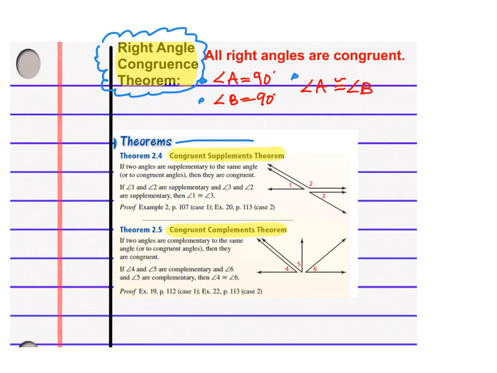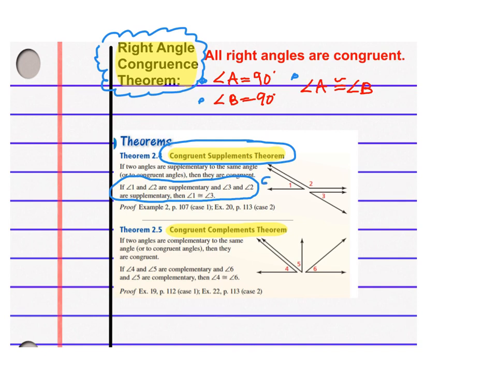All right, then our next vocabulary word is the congruent supplements theorem. Again, you do not have to write everything, okay? Here is a good summary as well. If angle 1 and 2 are supplementary, if angle 3 and 2 are supplementary, then 1 and 3 are also supplementary. Or you could draw a picture if you're more of a visual person.